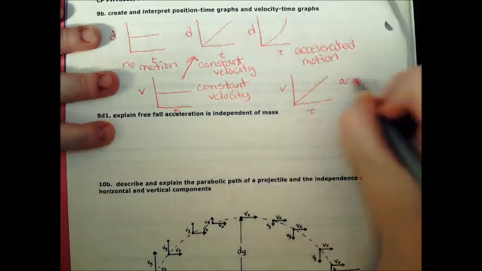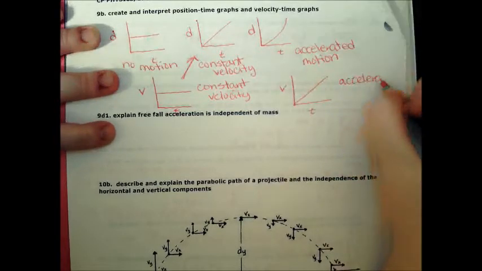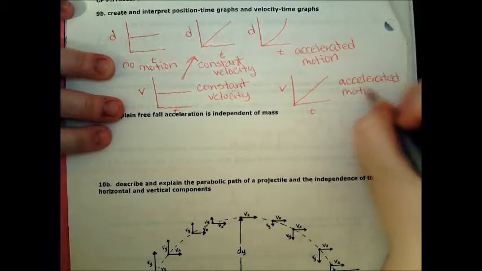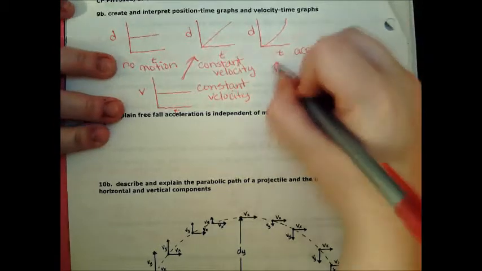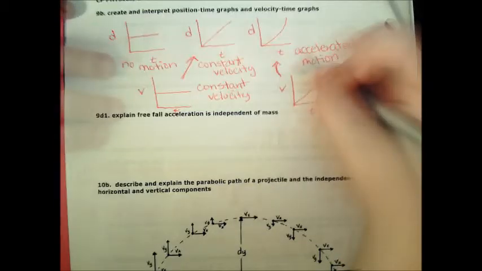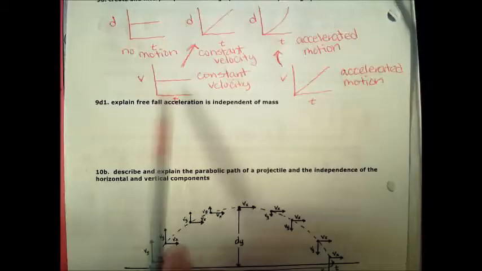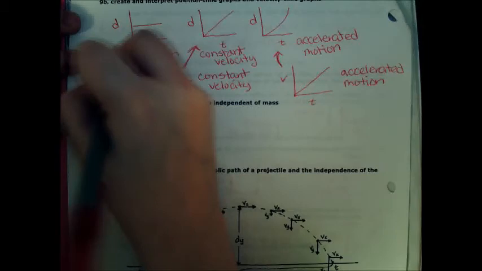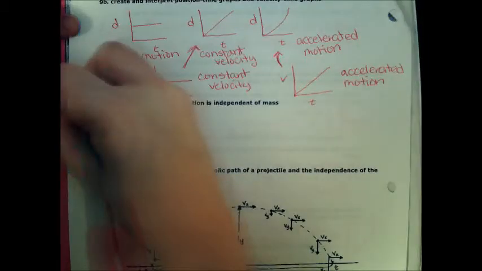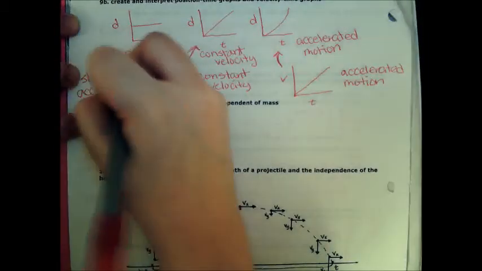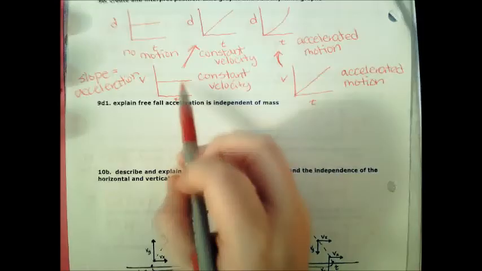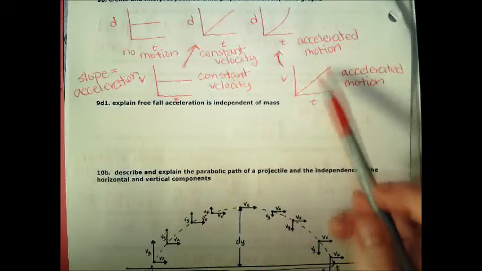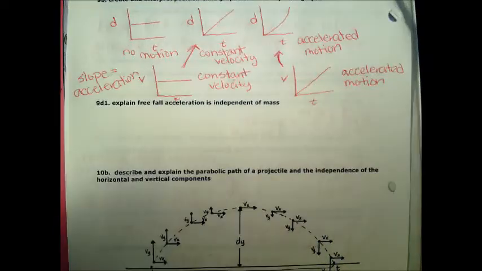This is accelerated motion. So these two go together. And in both of these graphs, the slope of this line is the acceleration. So this one, the slope is 0, so it's a constant. This one, the slope is some number, so it's accelerated. Okay.